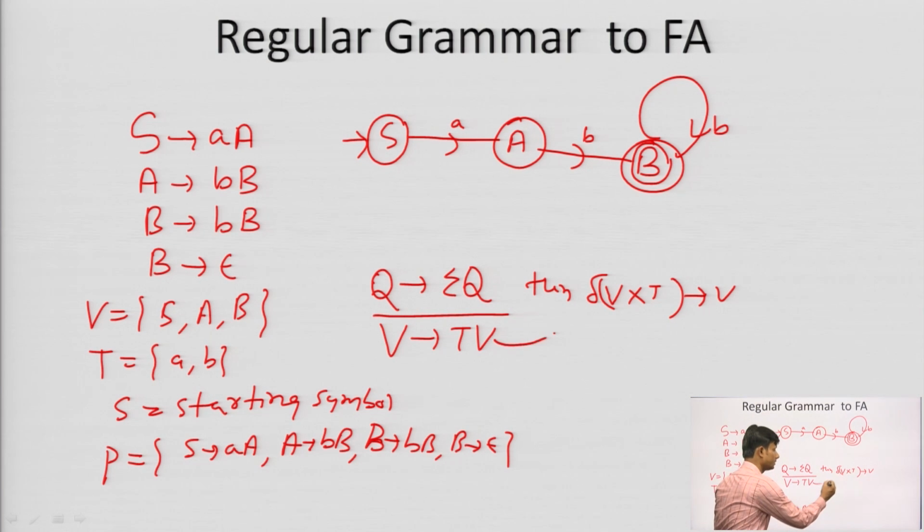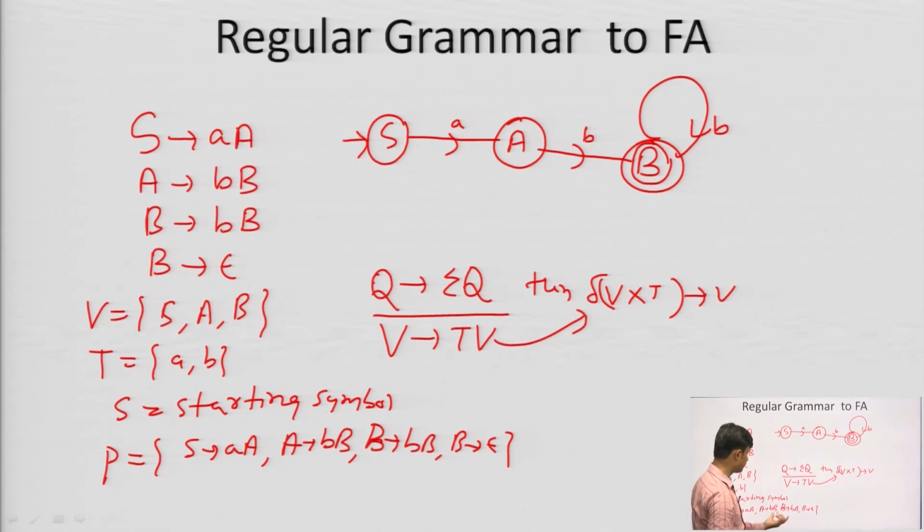This is the rule for each production. And if we have an epsilon production, then you have to make that variable a final state.